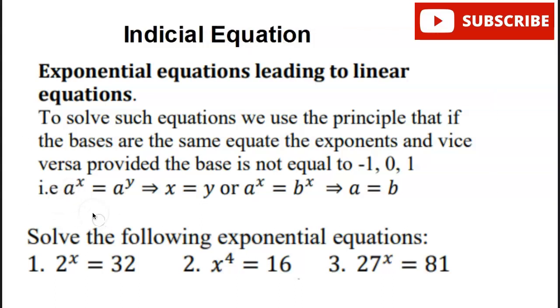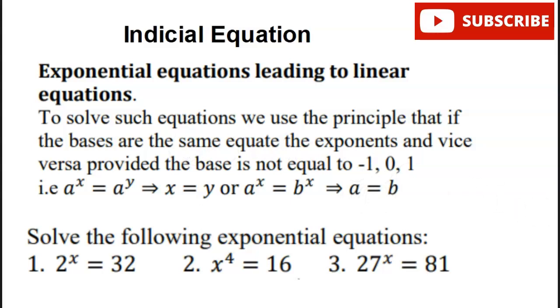The first one: if a raised to the power x is equal to a raised to the power y, since the bases are the same, we can equate the exponents. So x is equal to y. Or a raised to the power x is equal to b raised to the power x. Here the exponents are the same, so we can equate the bases. So this implies that a is equal to b.